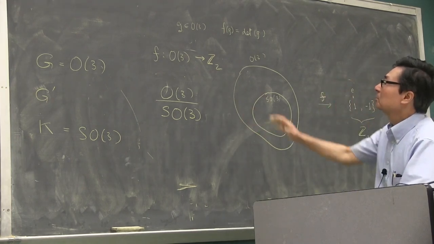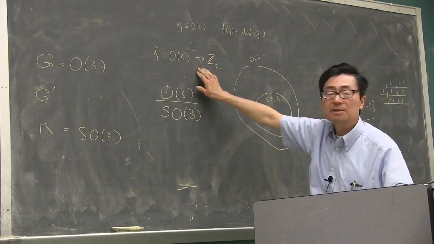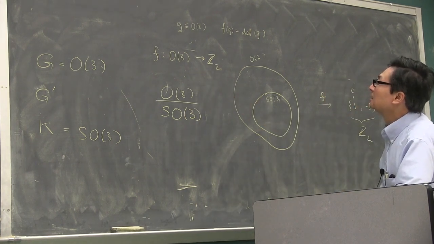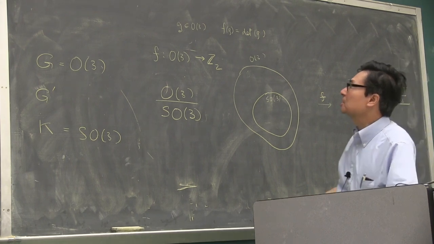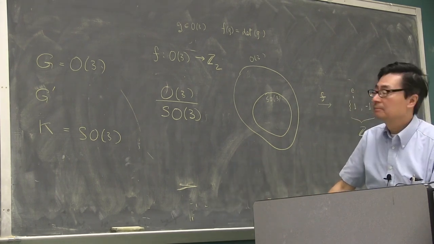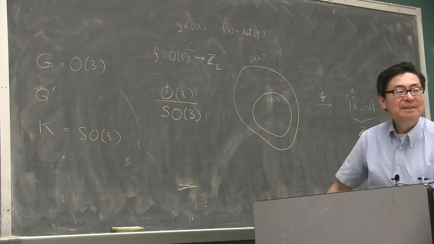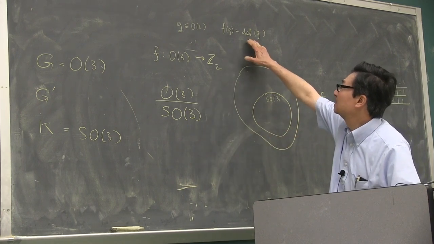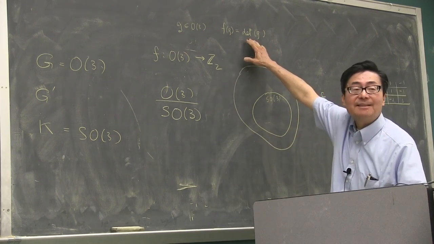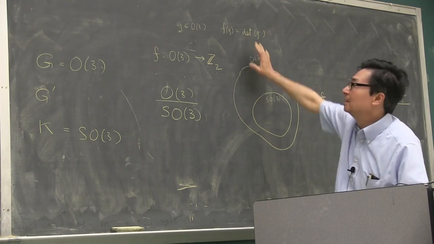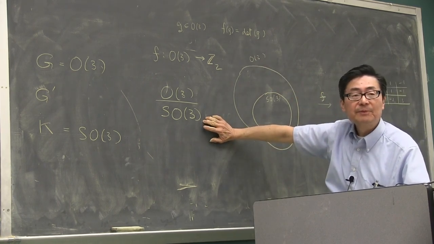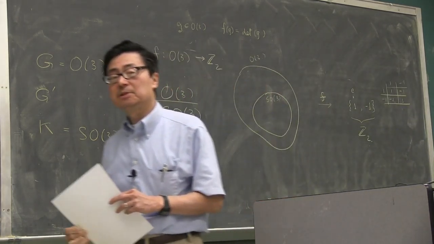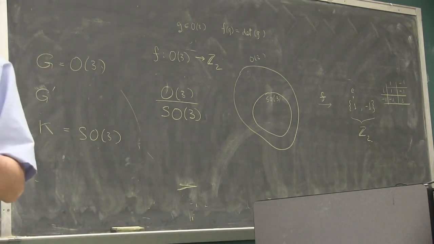So you can show that this is a homomorphism also. And now, what is the image? What is the kernel of this mapping? SO3, because it's precisely those elements in SO3 that get mapped by this mapping to plus 1, which is the identity in the group Z2. So the kernel is SO3, and as I said, you can show that SO3 is a normal subgroup of O3.